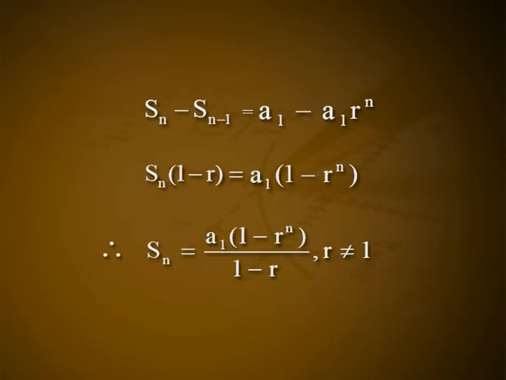That is, S_n(1 - r) = a_1(1 - r^n). Therefore, S_n = a_1(1 - r^n)/(1 - r), r not equal to 1, or S_n = (a_1 - r a_n)/(1 - r), r not equal to 1. Here a_n = a_1 r^(n-1).